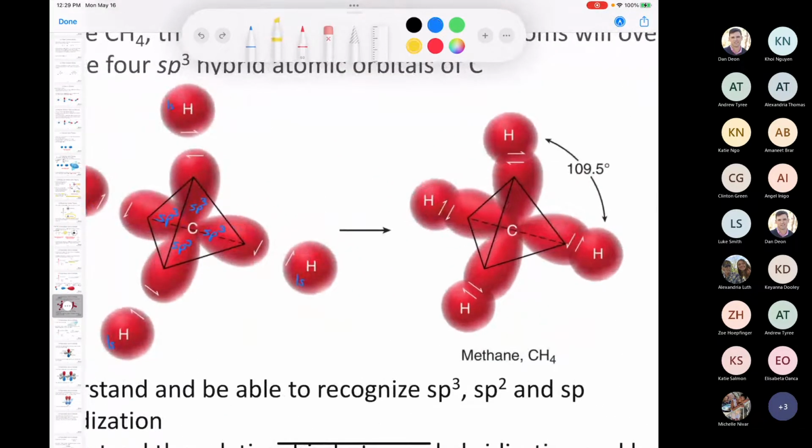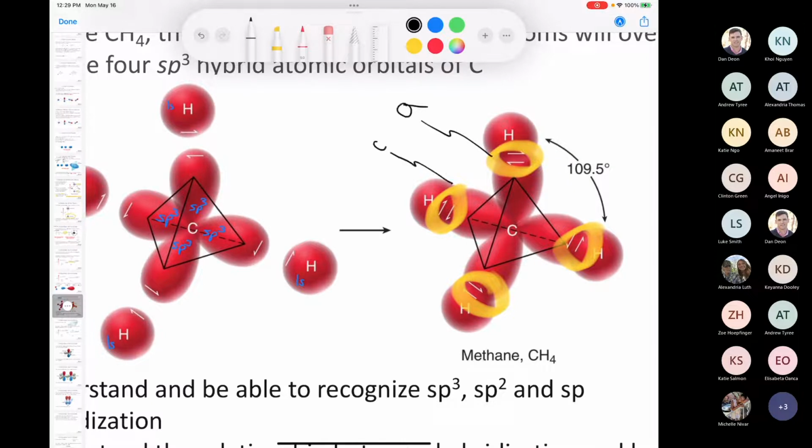What I'm circling in yellow here, those all represent the sharing of the 2 electrons, one coming from the hydrogen 1s orbital, and one from each of the 4 sp3 hybrid orbitals on the carbon, and I make 4 sigma bonds. So this is a sigma bond, this is a sigma bond, this is a sigma bond, and this is a sigma bond.